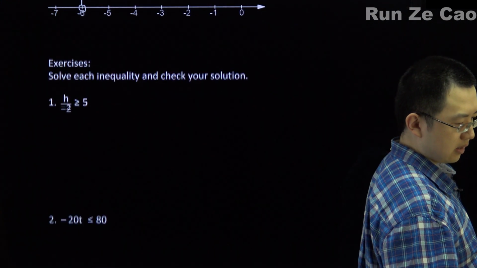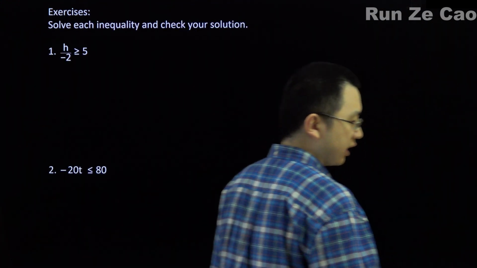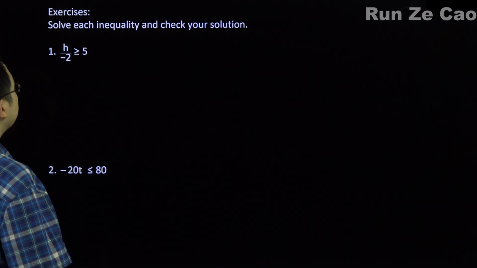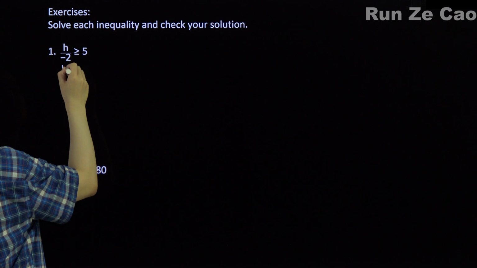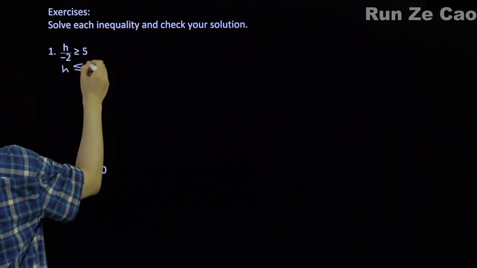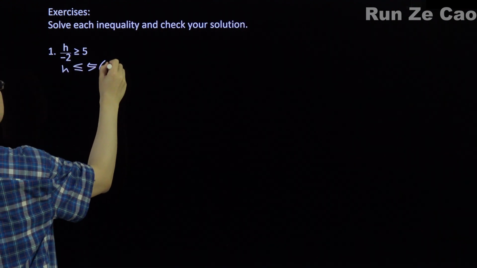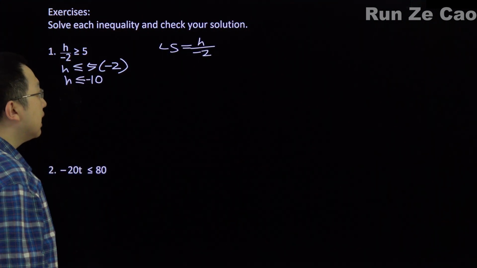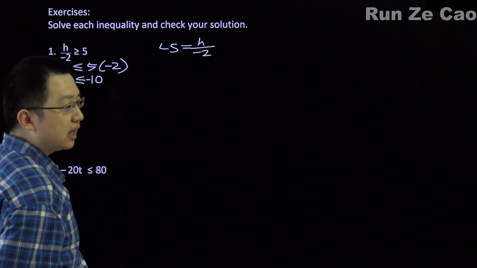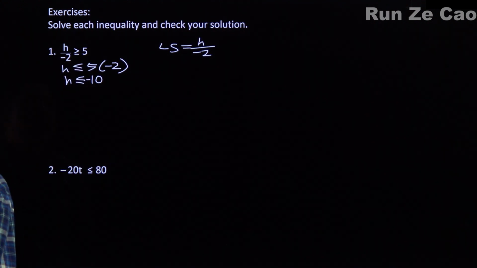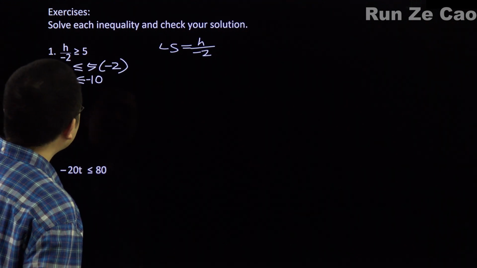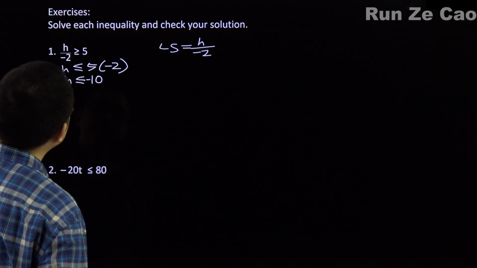So, exercises. Solve each inequality and check your solution. H over negative 2 is greater than or equal to 5. So, H is less than or equal to 5 times negative 2, so we got negative 10. On the left side, we have a number that's less than or equal to negative 10 being divided by negative 2.